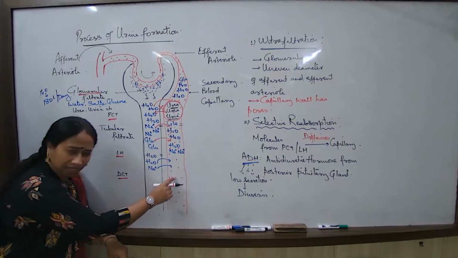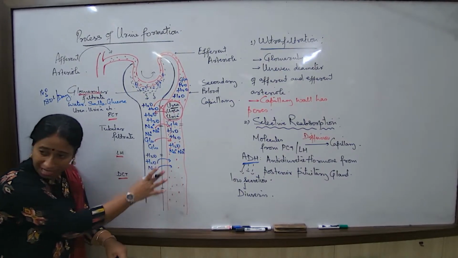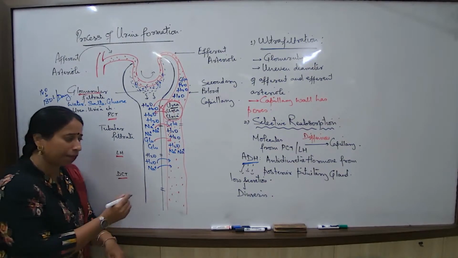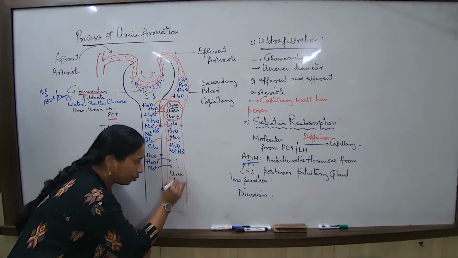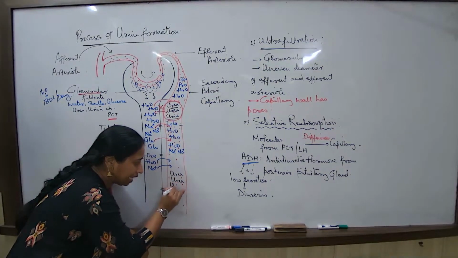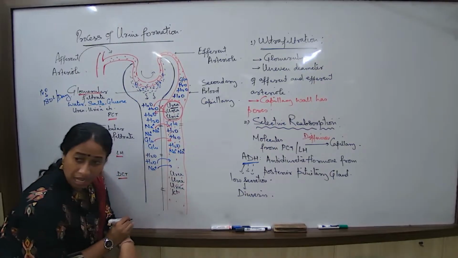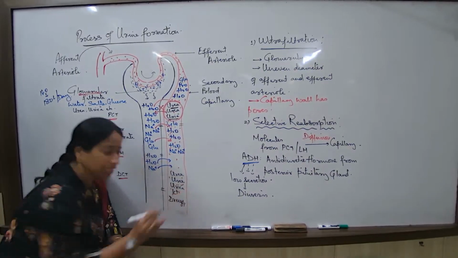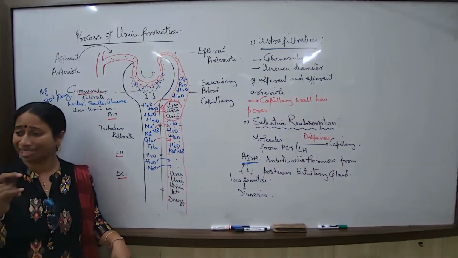So back here now, when I compare the DCT and the surrounding blood capillary, that's the last part we are left with. Now with the DCT and the surrounding blood capillary, what happens? We understand that yes, still there is a huge amount of urea and uric acid and potassium ions and some poisonous chemical substances which enter our blood along with medicines.